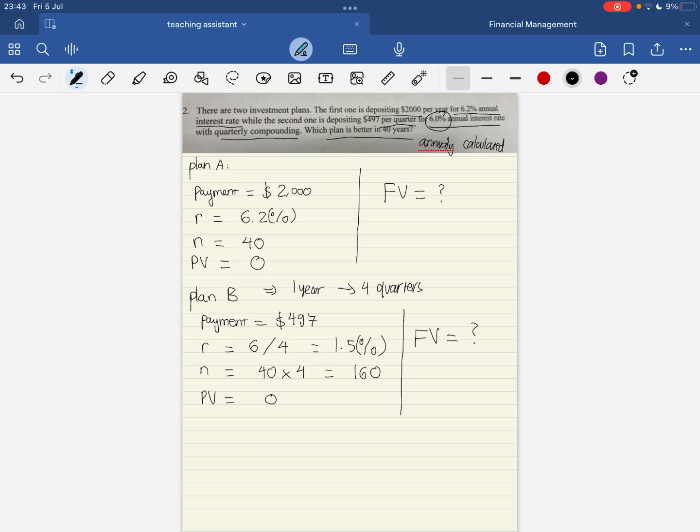In this exercise, it's a bit different from what we have practiced before. Instead of calculating the NPV or the EAR and the APR, now we have to use another function, which is computing future value. So I hope you guys will pay full attention to it because it's very, very important.